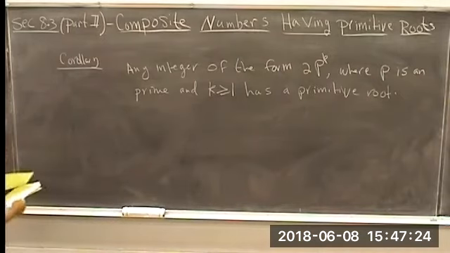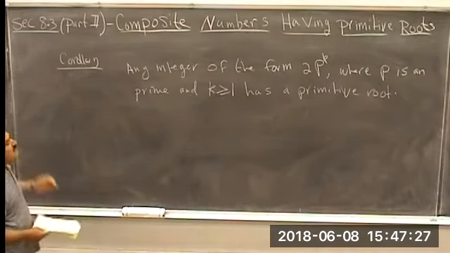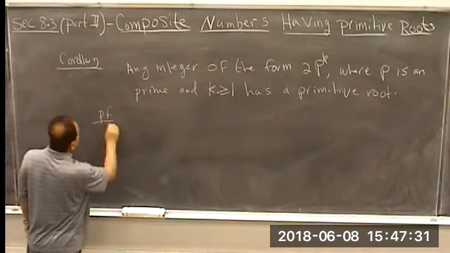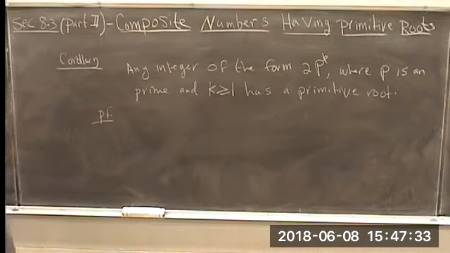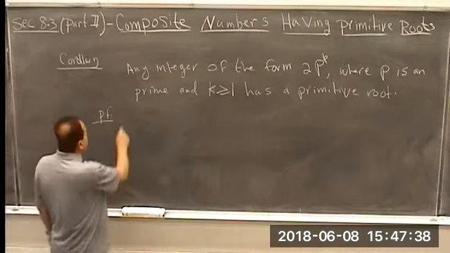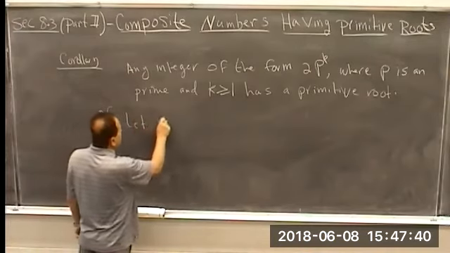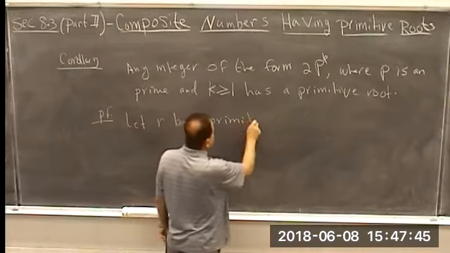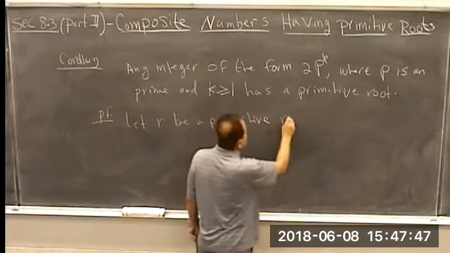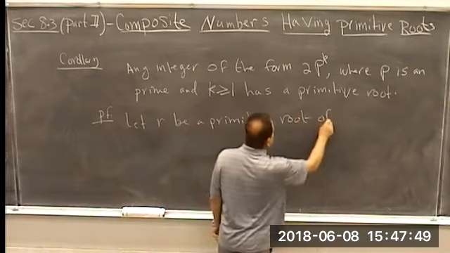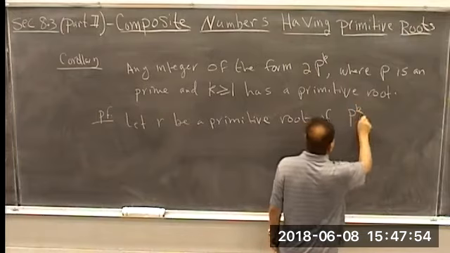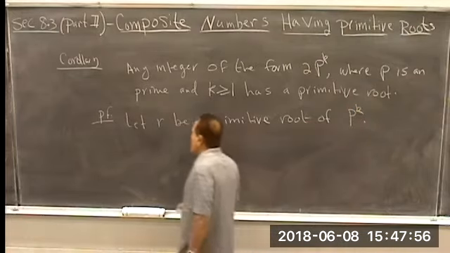This actually does need some argument to prove. It doesn't follow just immediately from the theorem, but we will be using the theorem. So again, let's just start with: let r be a primitive root, which we know exists now, of p^k.